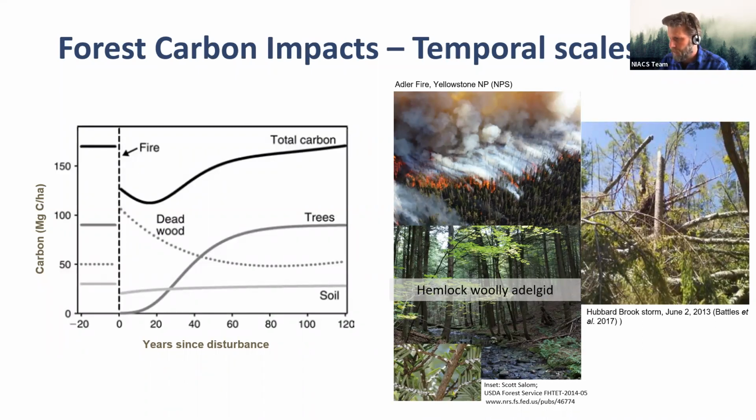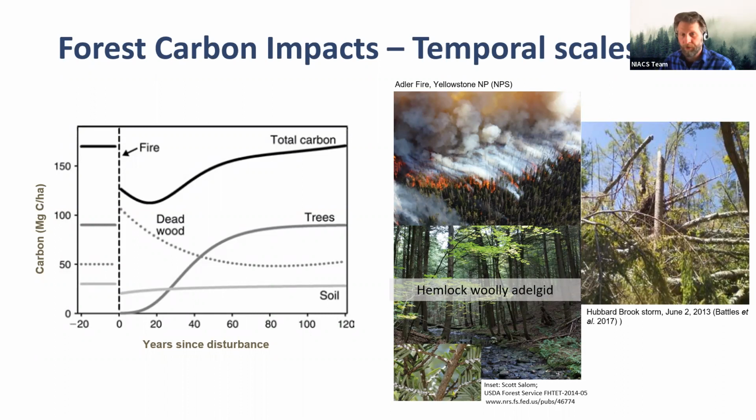And so this figure, this cartoon, is just a conceptual representation of a fire disturbance, where a fire happens, and this is something that is probably more associated with that photo I'm showing of the Adler fire in Yellowstone, where that's a stand-replacing event. And so the carbon that's contained in trees, which is that gray line in the middle, drops from near 100 to almost 0, right?